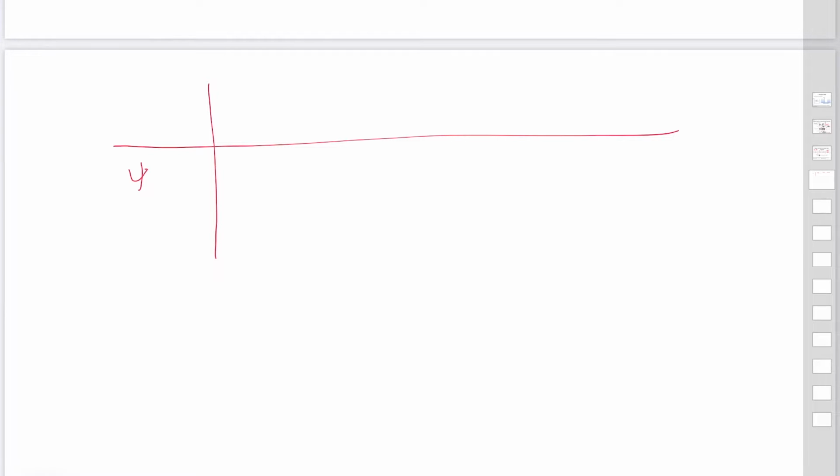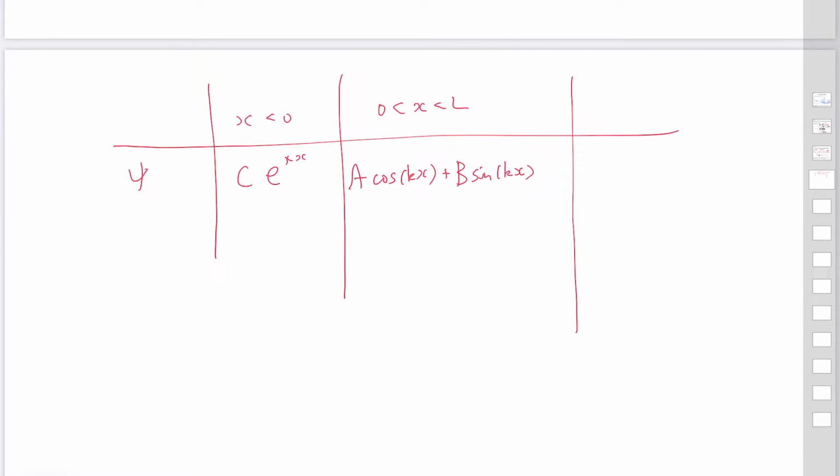Psi is c exponential kappa x for x less than 0. For 0 to L, this is a cosine kx plus b sine kx. And for x larger than L, this becomes d exponential minus kappa x. So we have these equations.